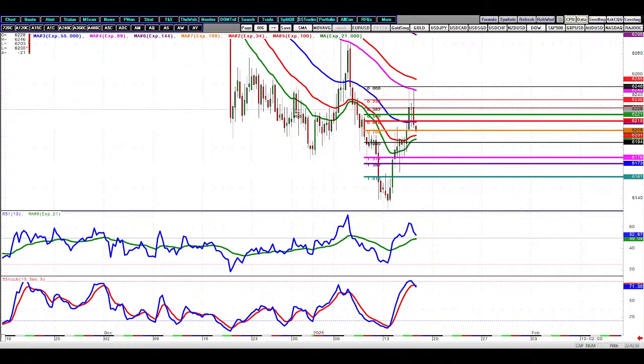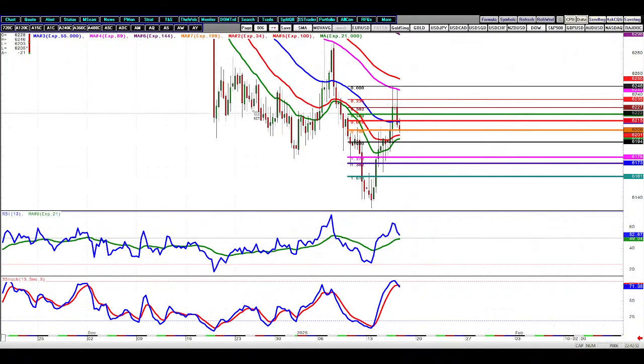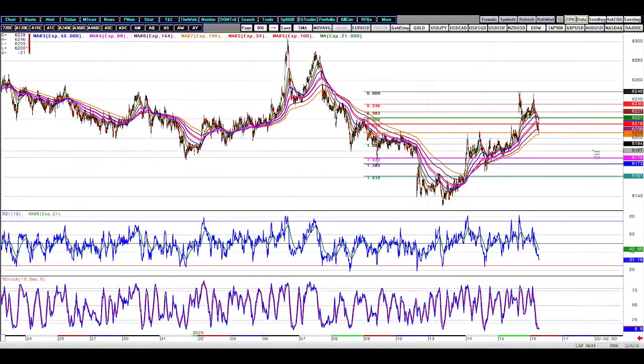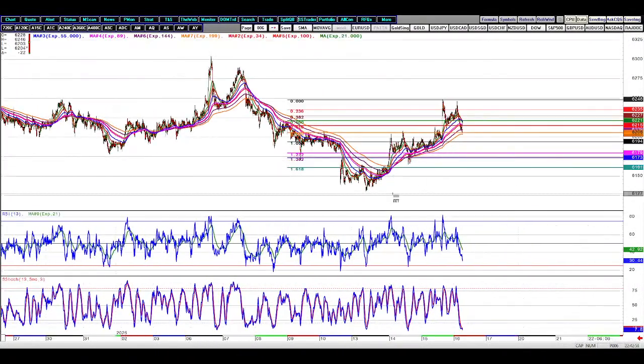This should be your price flow, and we should see the price taking a base before 61.65 or 61.80.